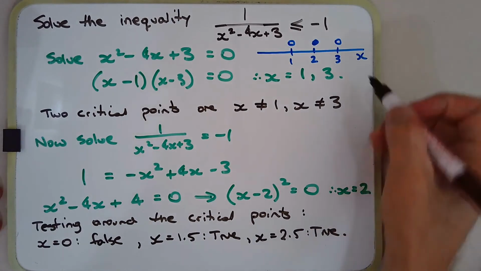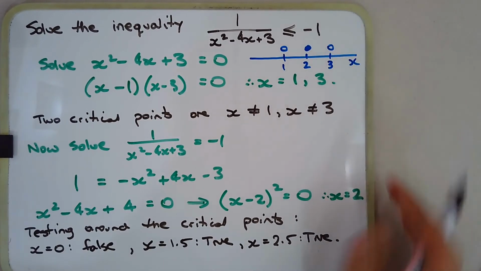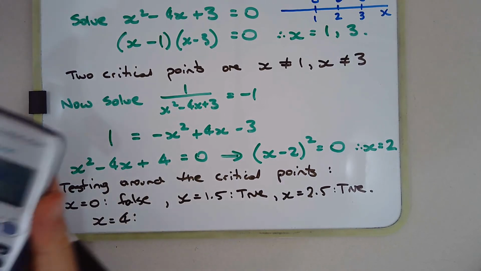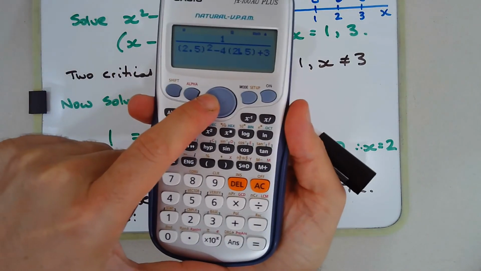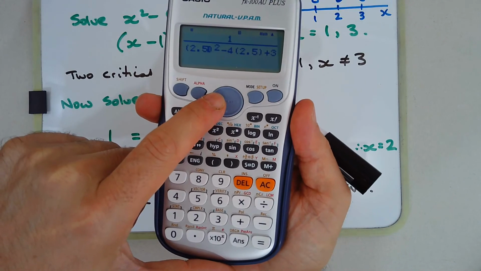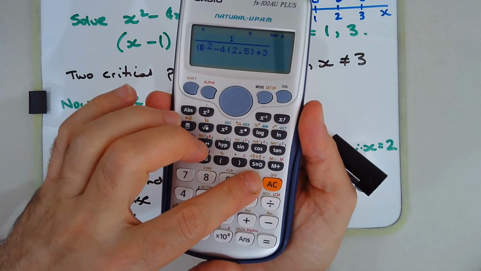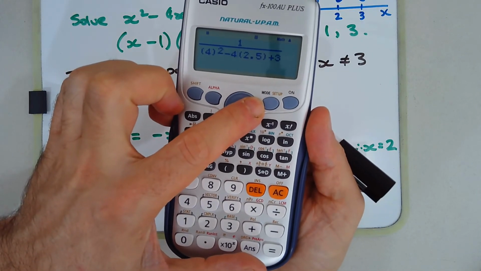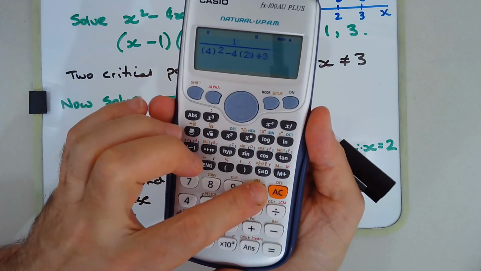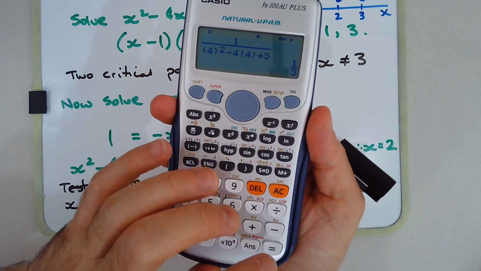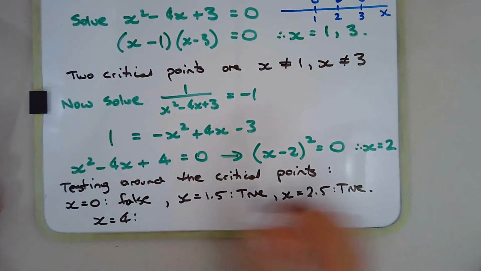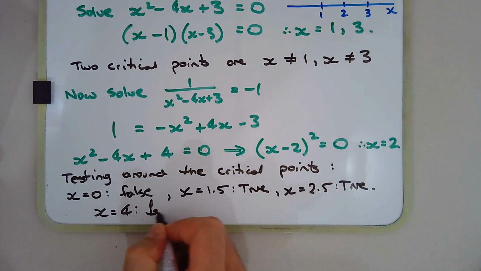And the last one we're going to test is maybe x equals 4. We'll see if that's true or false. That's 1/3, and 1/3 is clearly bigger than -1, so that's false.